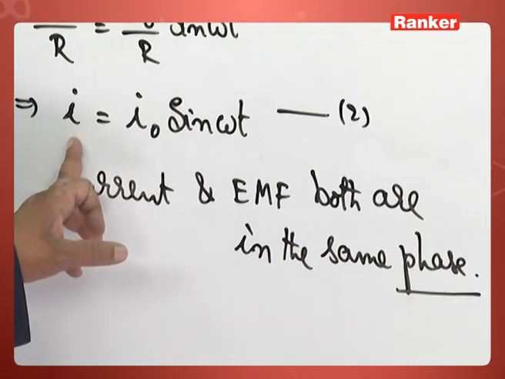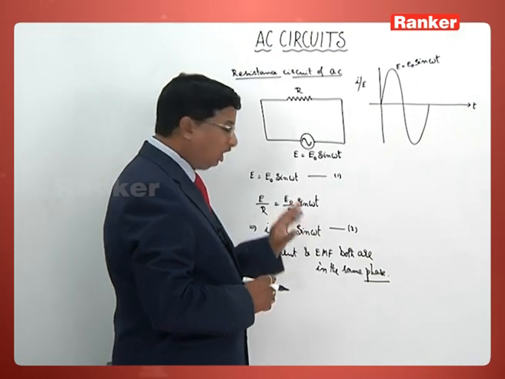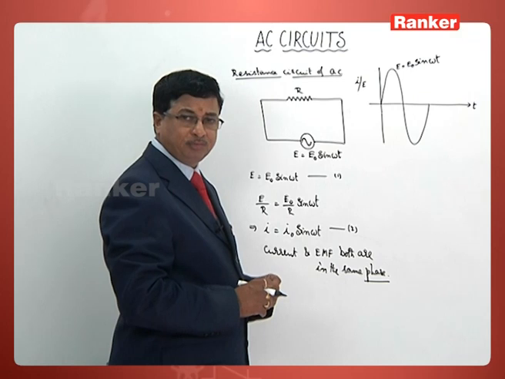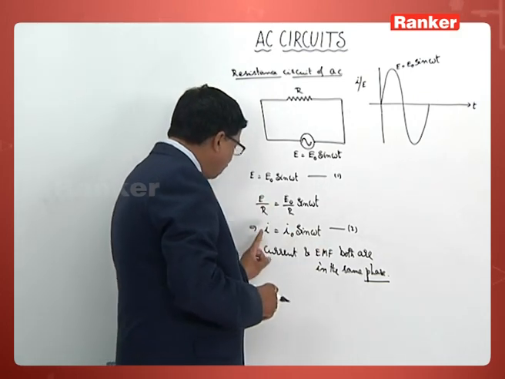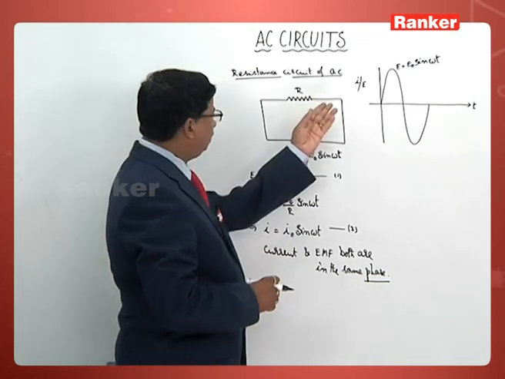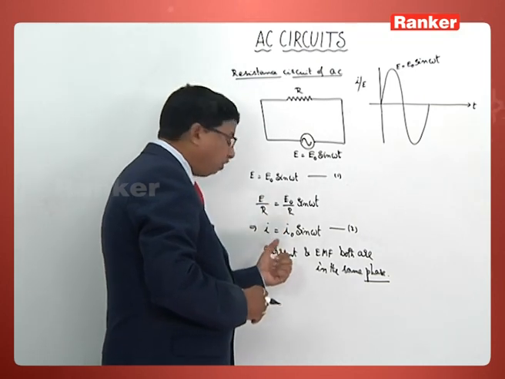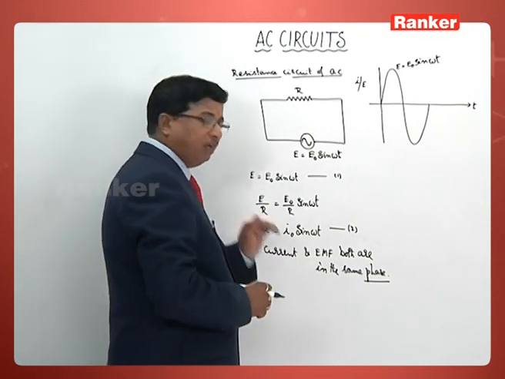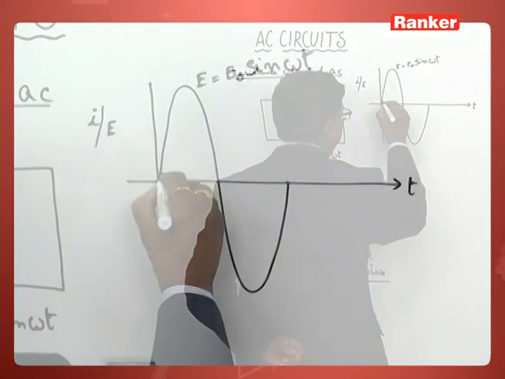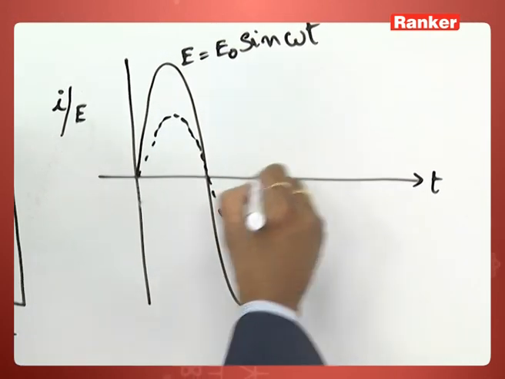But the magnitudes of I and I naught will certainly be less than the magnitudes of E and E naught respectively. The reason is this: I, of course, we are getting as E by R. Usually the resistance here is going to be more. Then naturally E by R is going to be less when compared to the value of E. So, we can represent the value of current by this graph.